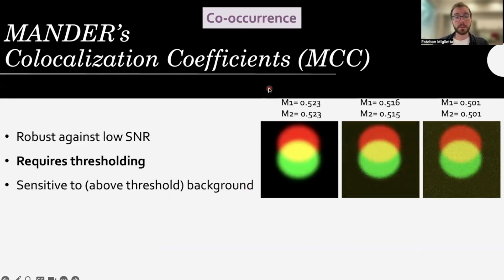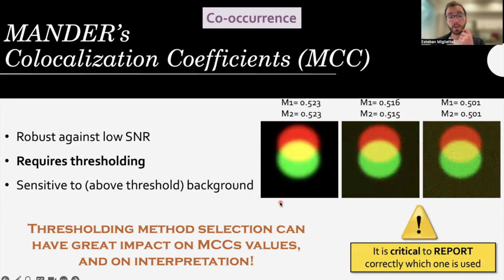Some characteristics of the MCCs is that they are quite robust against noise, against low signal-to-noise ratios. Here you see that with more noise, the values themselves vary very little. They do require you to choose a threshold, which is something that we've discussed before, and it can very well change the value that you get, and is sensitive to background.